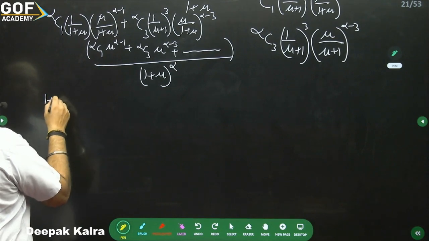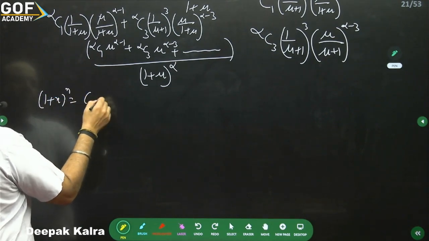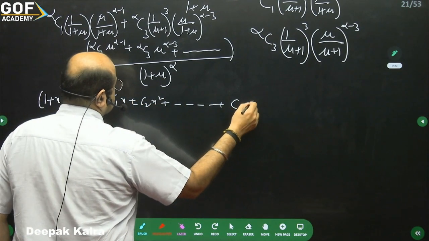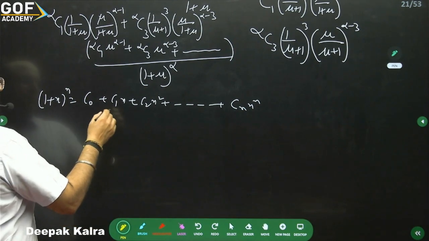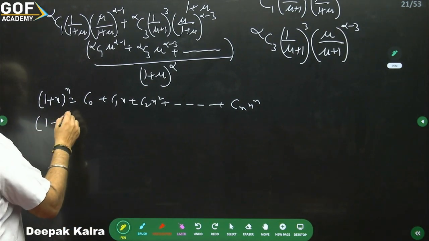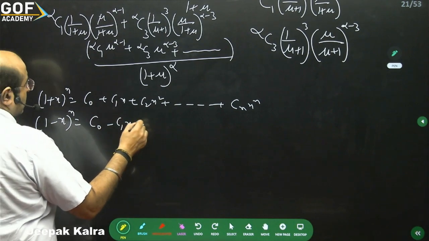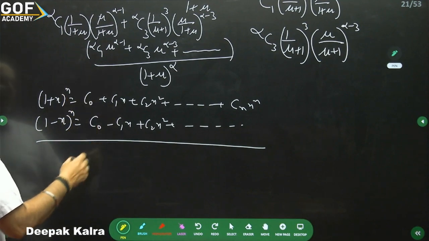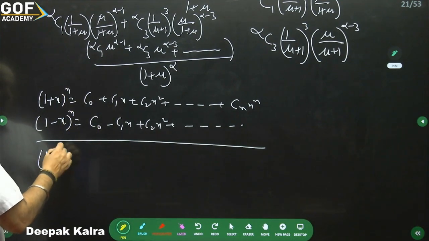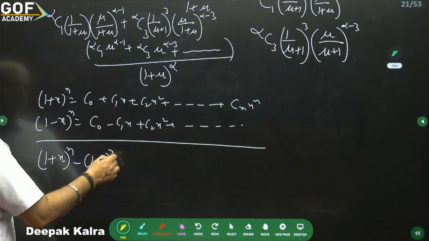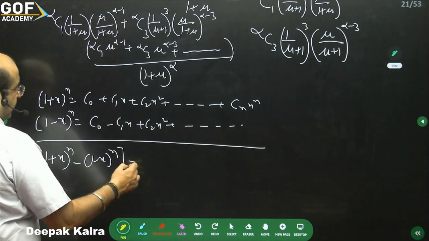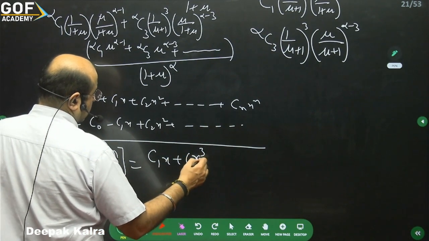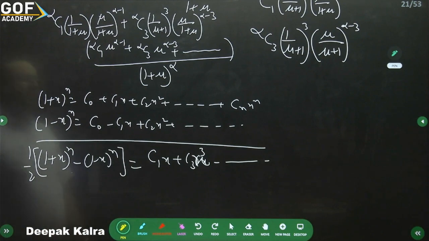Like you know this, 1 plus x power n is c0 plus c1 x plus c2 x square up to cn x^n, right? So we want 1 minus x. If I do that and now subtract, I'll get this. This way it works, right?